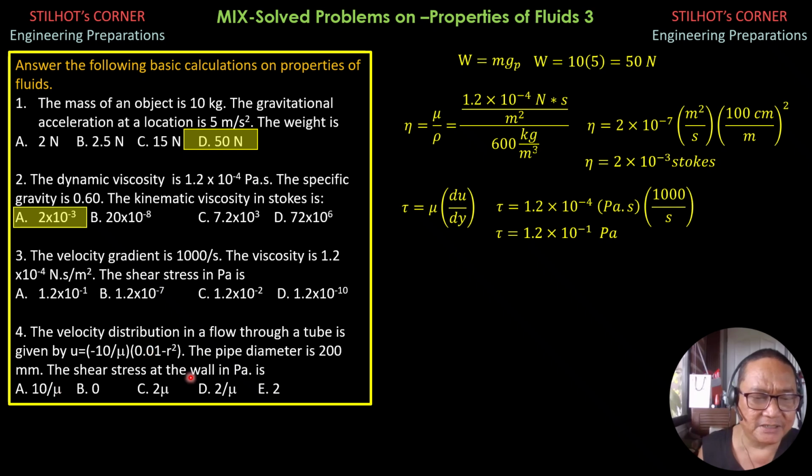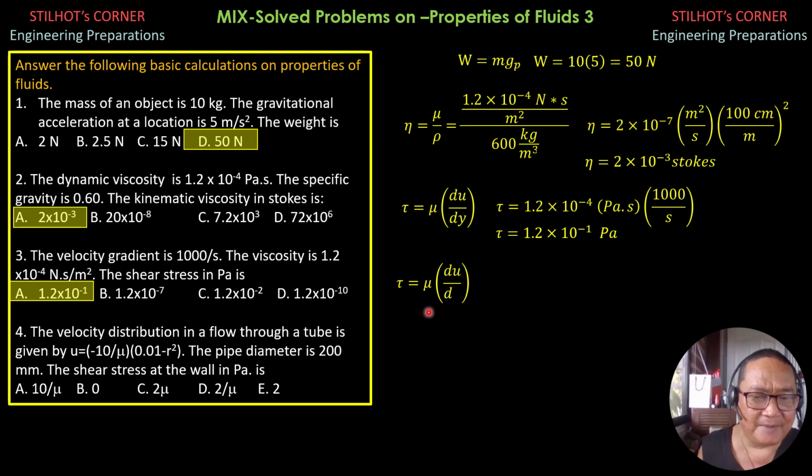These are the choices by the authors, but I'm not expecting that the answer is letter D, because if we're going to define shear stress, just like in problem 3, it is equal to the product of the viscosity times the angular deformation rate, or the derivative of velocity profile with respect to thickness, or r in this case.